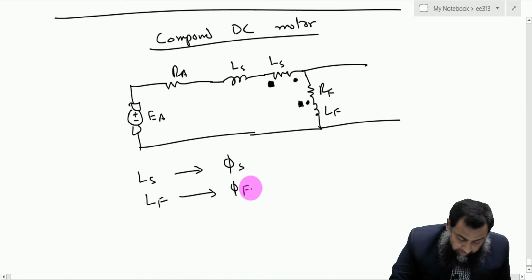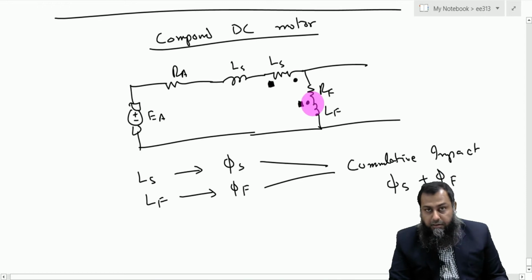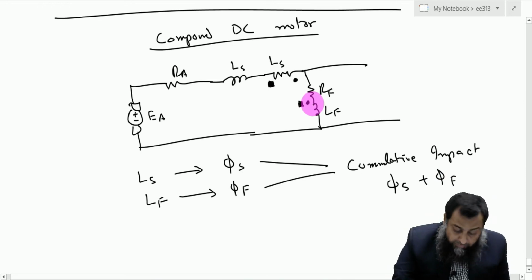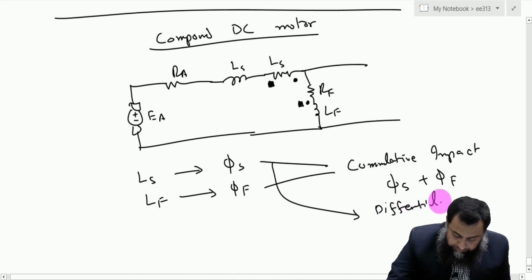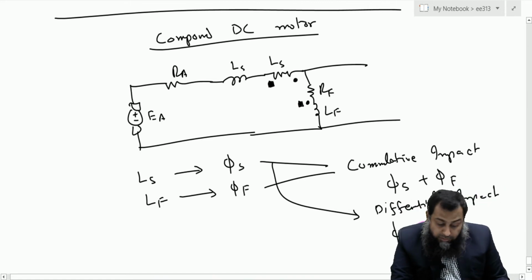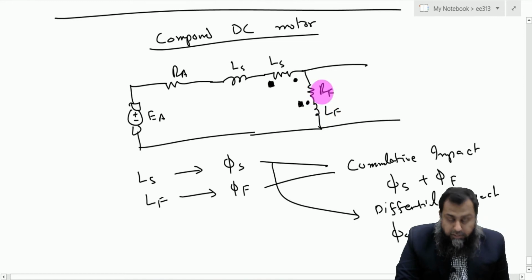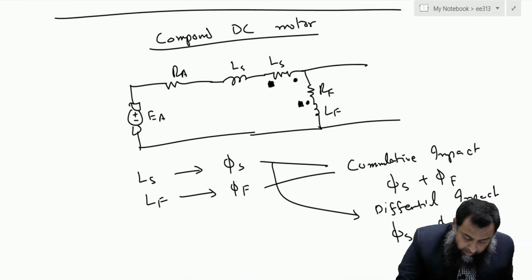Both of them can create a cumulative impact on the machine, such that phi S is added with the flux produced by the field winding Lf. They can also have a differential impact on the overall machine. That is, the impact is a subtraction of the flux generated by the field winding and the series field winding.